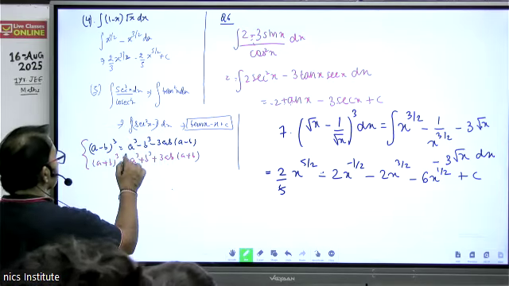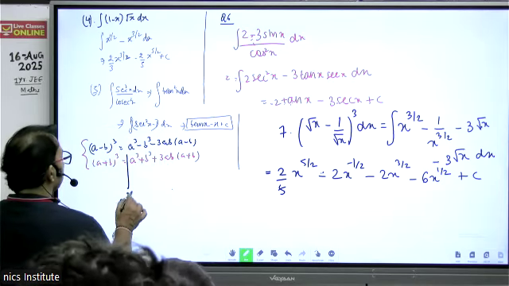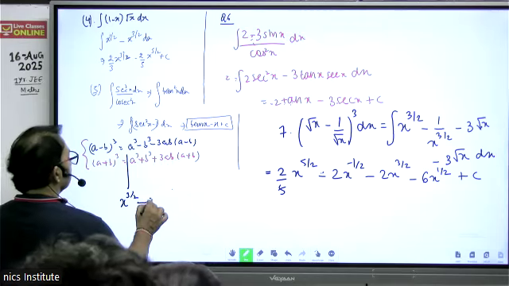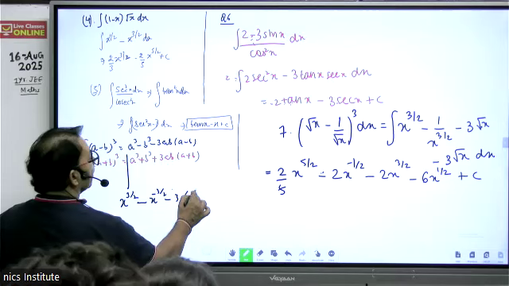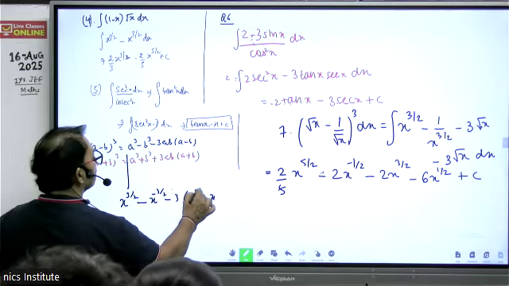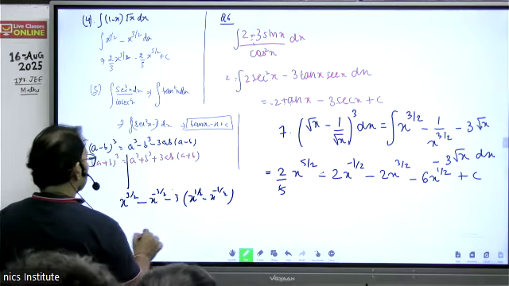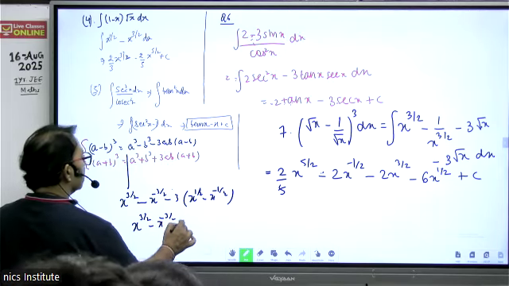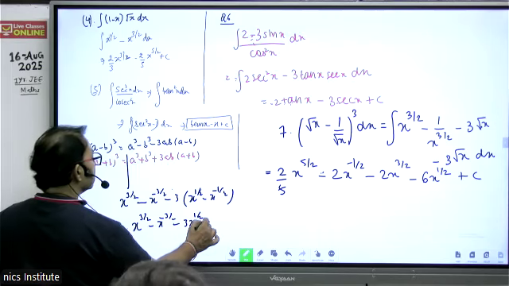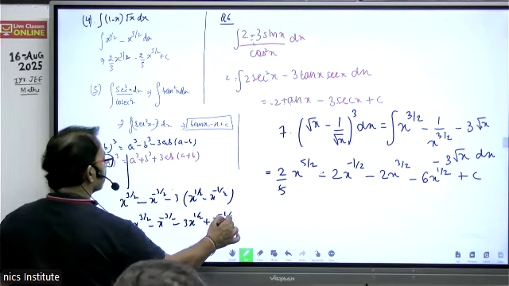I use this. X to the power 3 by 2 minus x to the power minus 3 by 2 minus 3 x to the power half minus x to the power minus half. So it will be x to the power 3 by 2, x to the power minus 3 by 2 minus 3x to the power half plus 3 x to the power minus half.